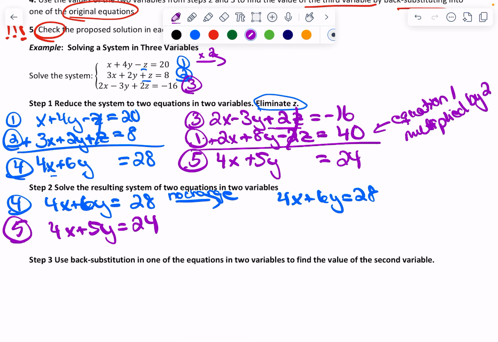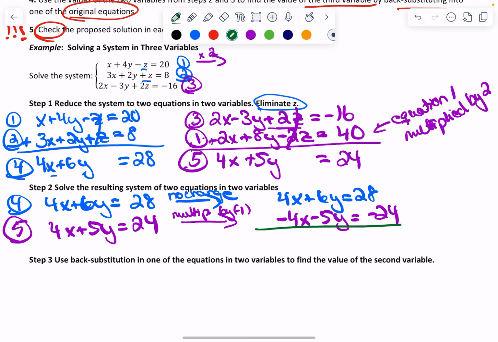Now looking at equation 5, if we multiply this by negative 1, we get negative 4x minus 5y equals negative 24. Now if we add, the 4x's cancel each other out, and we get y equals 4.